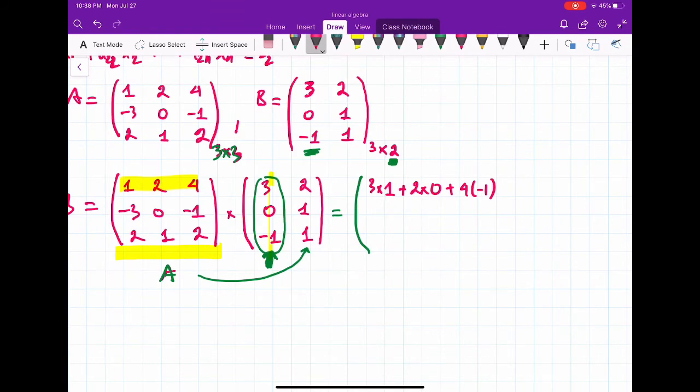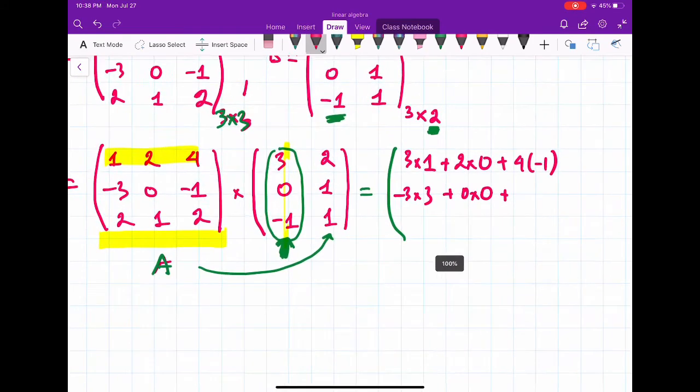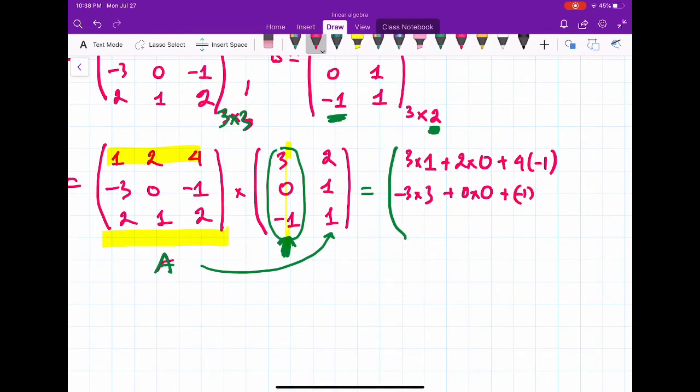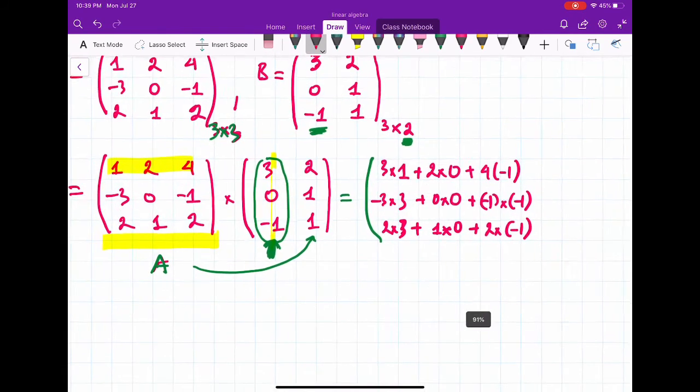And then the second one, I move to the second row, I get -3 times 3 plus 0 times 0 plus -1 times -1. And then I move to the third row, 2 times 3 plus 1 times 0 plus 2 times -1. That is the first column. You see, this is how we learn system of linear equations, right, in the matrix form. All right, we finish this.